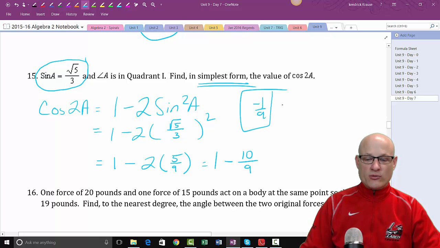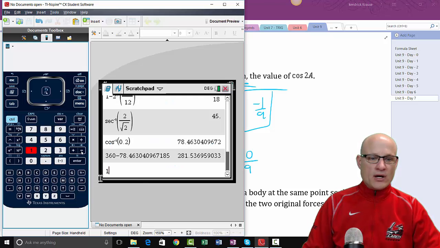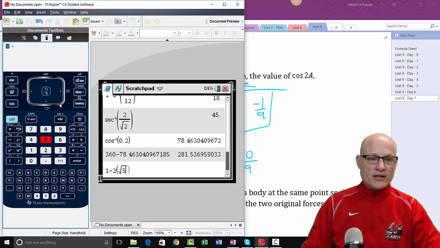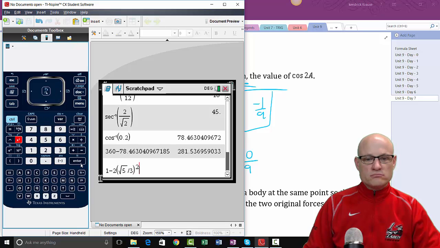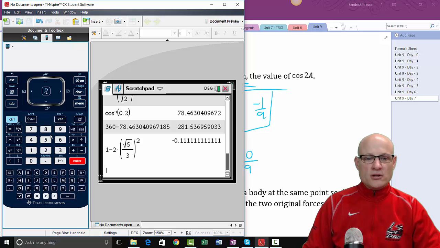Now I think the calculator will do this for us, but let's just check. 1 minus 2 parentheses, the square root of 5 divided by 3 squared. How do you get to that?